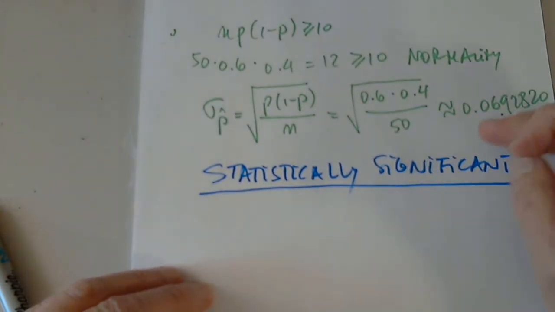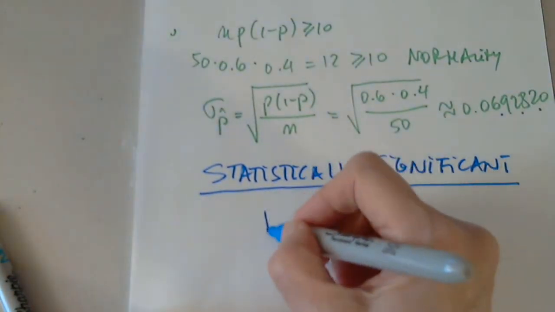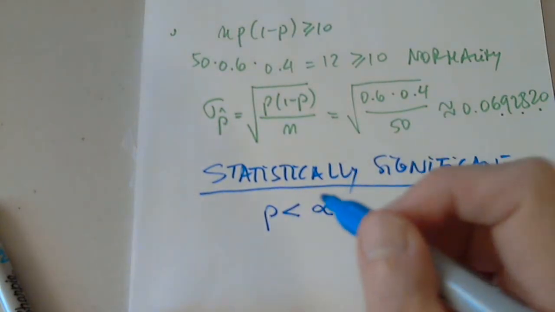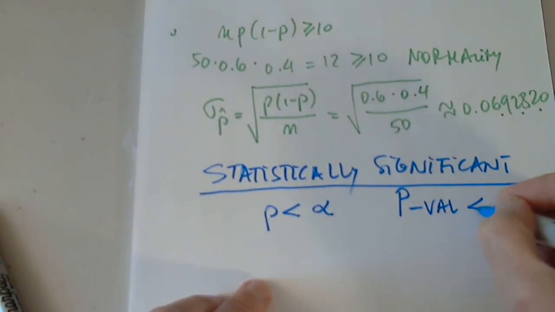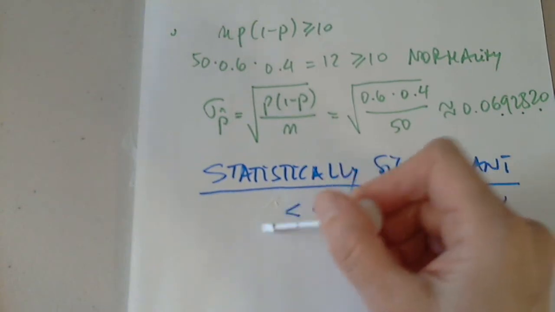The results of a test are called statistically significant if the p-value is less than alpha. Let me write it differently so it's clear: p-value is less than alpha, because this is not clear. It's clear to me, but it may not be clear to everyone, so sorry about that.